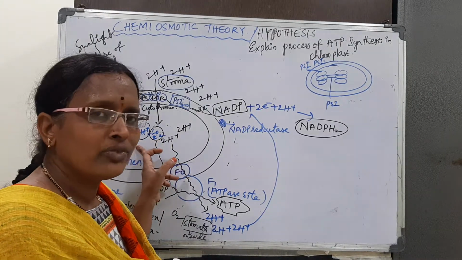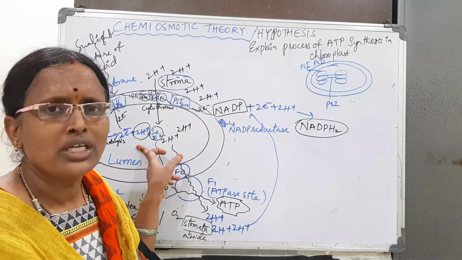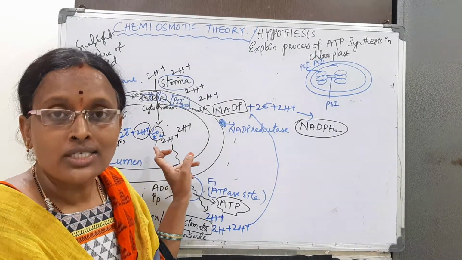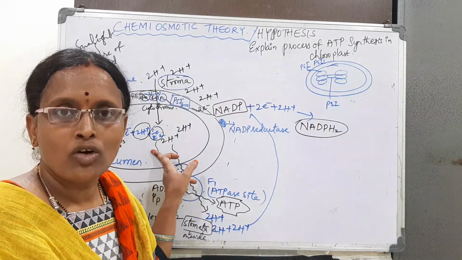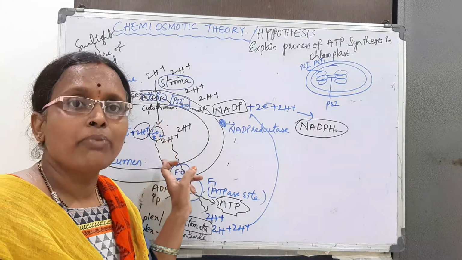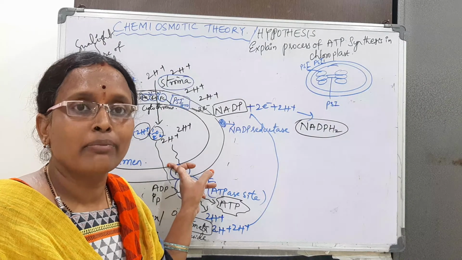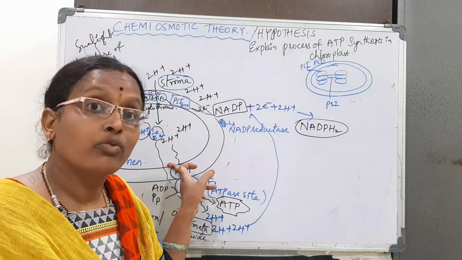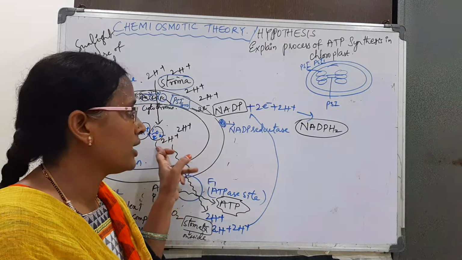So in the lumen of the thylakoid a problem arises because of the protons. On one side, protons are continuously coming from the water splitting complex, and on the other side cytochrome is pumping protons. Both sets of protons are accumulated in the lumen of the thylakoid.